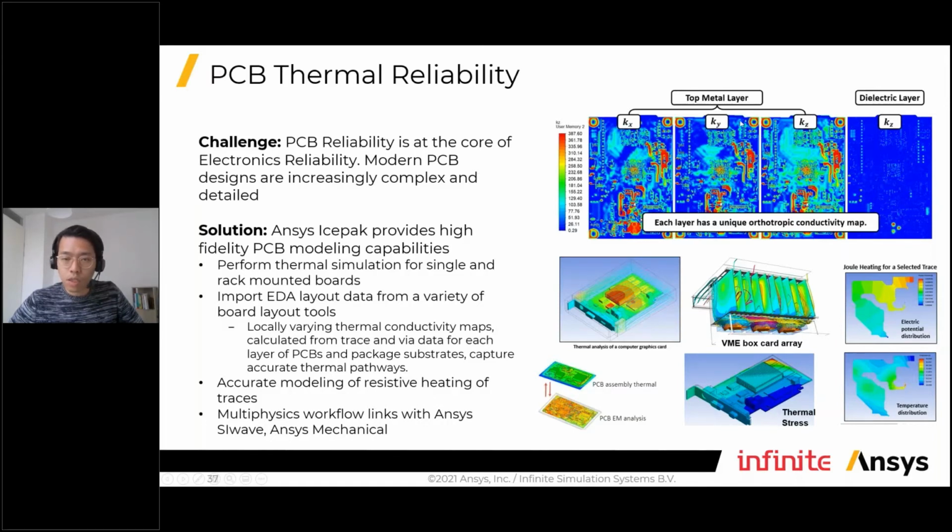As you can see, there are 3 different directions of conduction coefficients for a single board, and this can be done layer by layer. For instance, a dielectric layer doesn't have a very strong conduction coefficient except at the vias. This gives us a very accurate thermal distribution on a board.